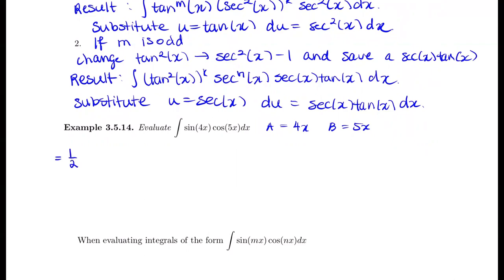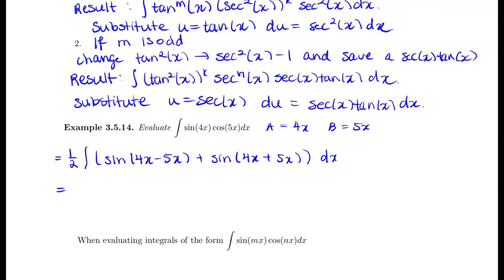So this is actually going to be half of the integral. And I'm going to have here, for the first one, sine of 4x minus 5x. And as for the second one, I'm going to have sine of 4x plus 5x, all that dx.